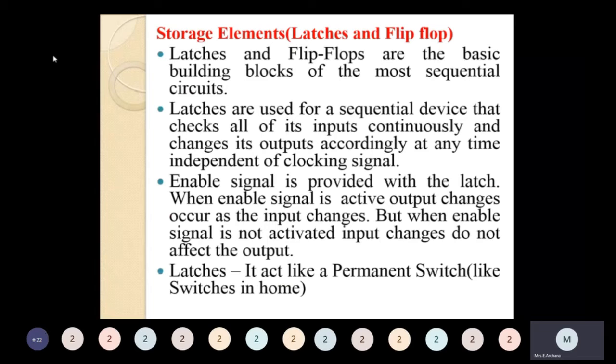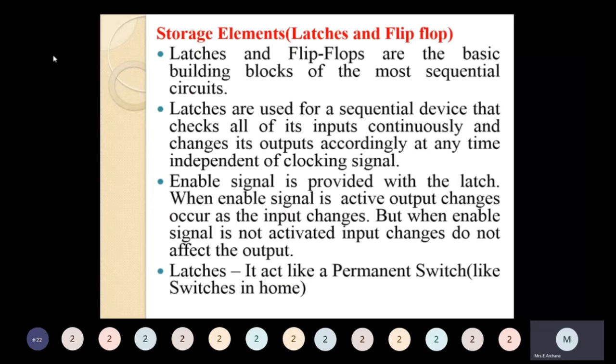We can compare it to a permanent switch that we use in our home. For example, when we use a fan, it has a switch. When we switch on, the fan will rotate. So it has two positions, high and low, that is on and off.